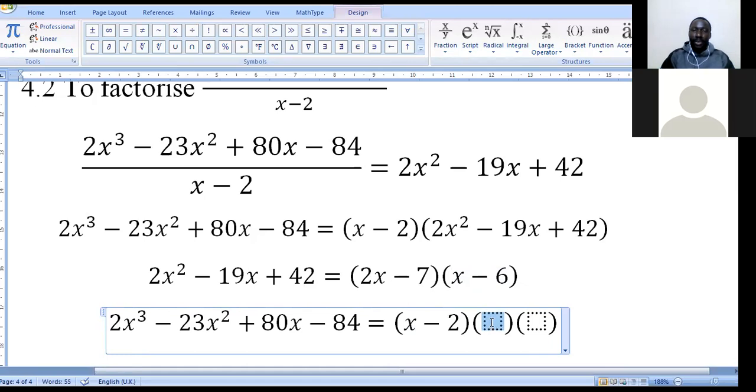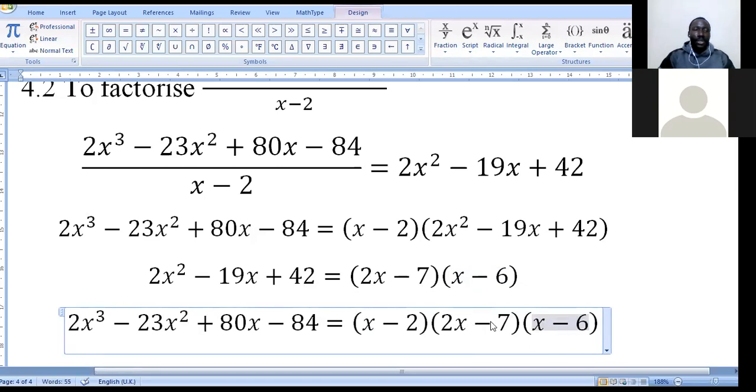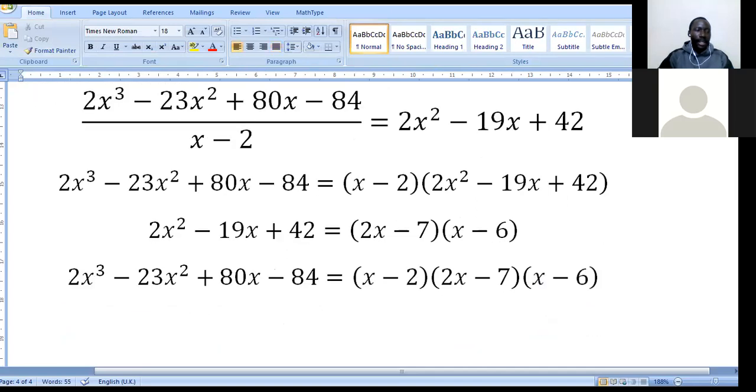Then the third bracket will be x minus 6. Like that. So those are the three brackets. Now we are done with 4.2. We can now go to 4.3.